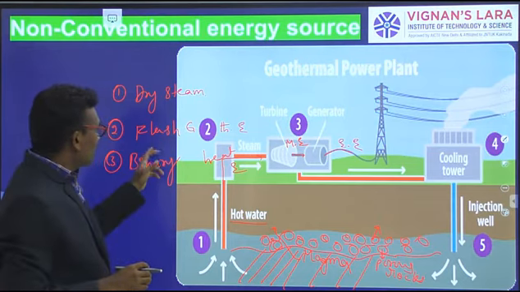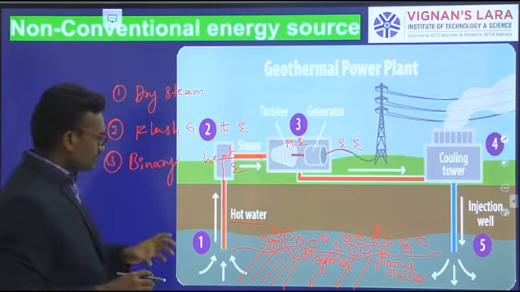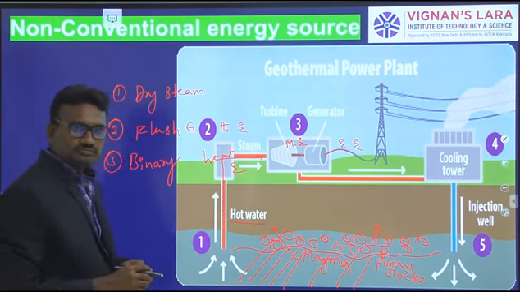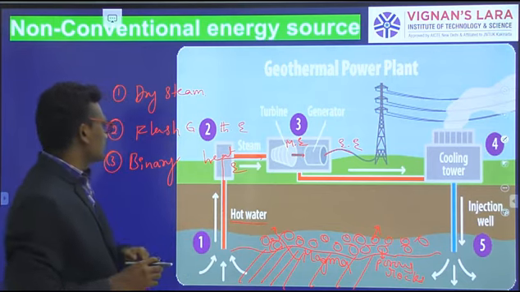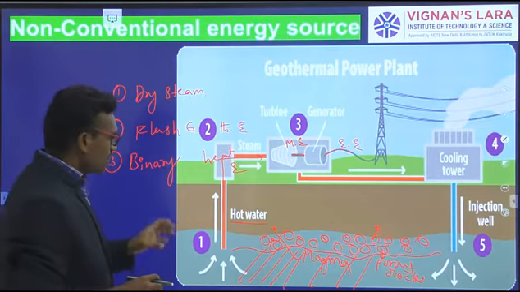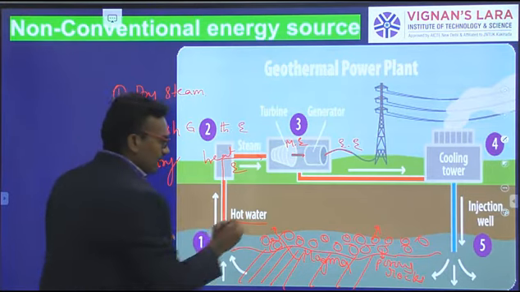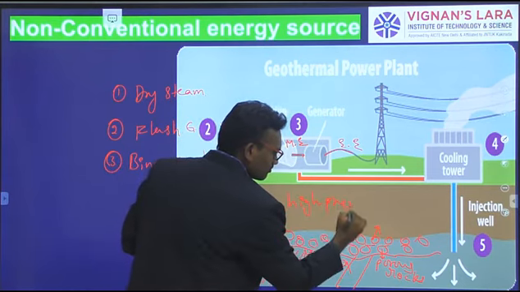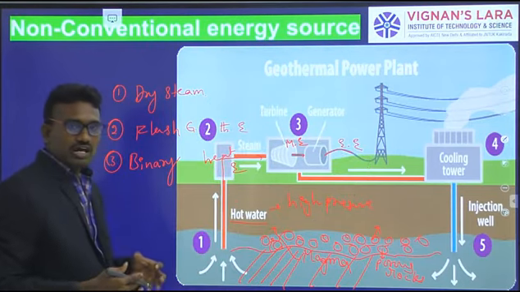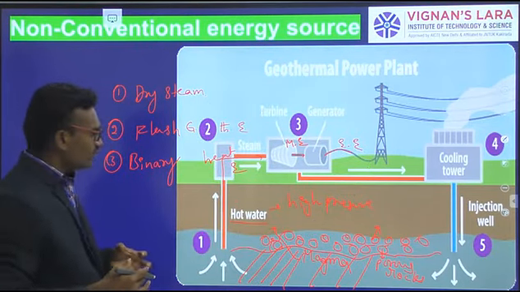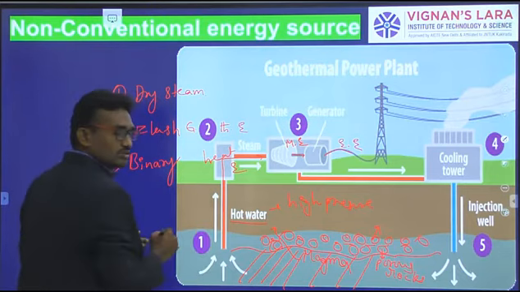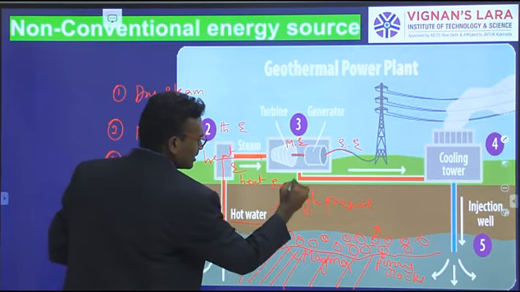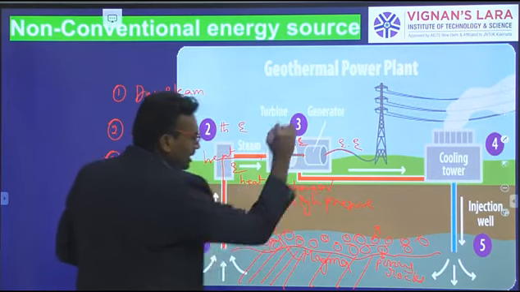Flash geothermal energy. In this plant, the hot water cannot be converted directly into dry steam. The hot water has a high pressure. The high pressure hot water is first passed into a heat exchanger.